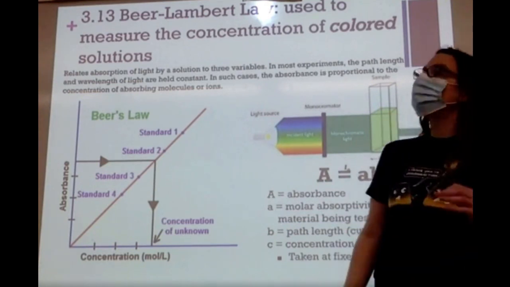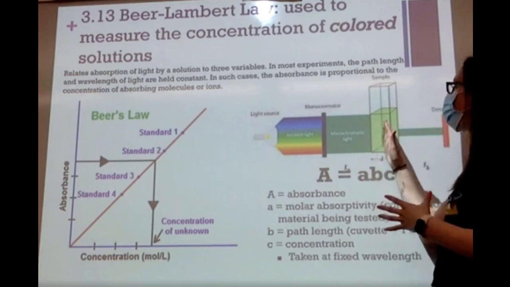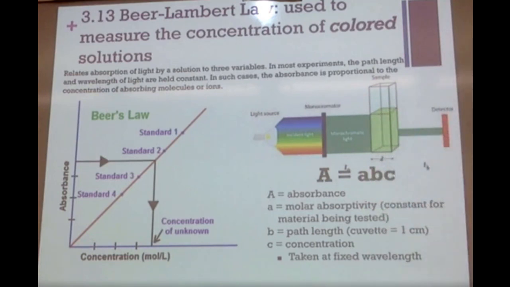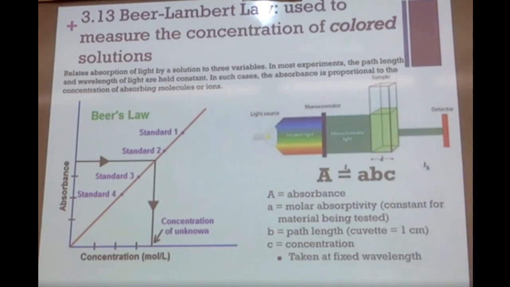Please, somewhere on topic 13, write down that the solution has to have color. If the solution doesn't have color, it will not absorb light. So the solution has to have color. NaCl solution will not work because it's clear. Copper sulfate is blue. That works.